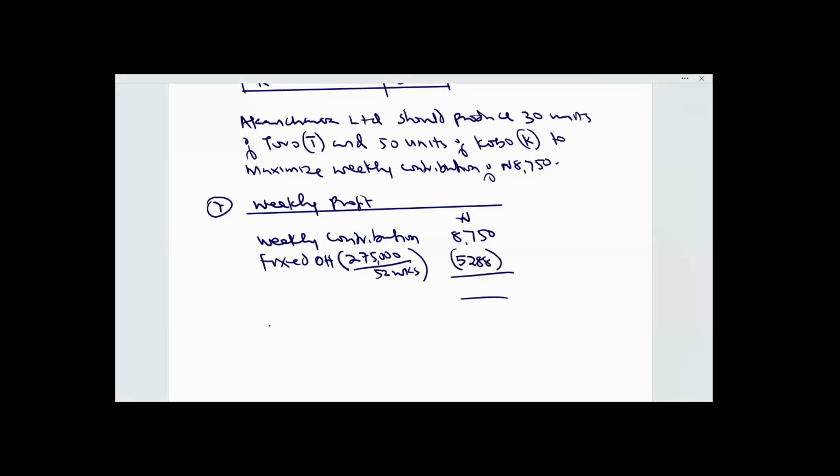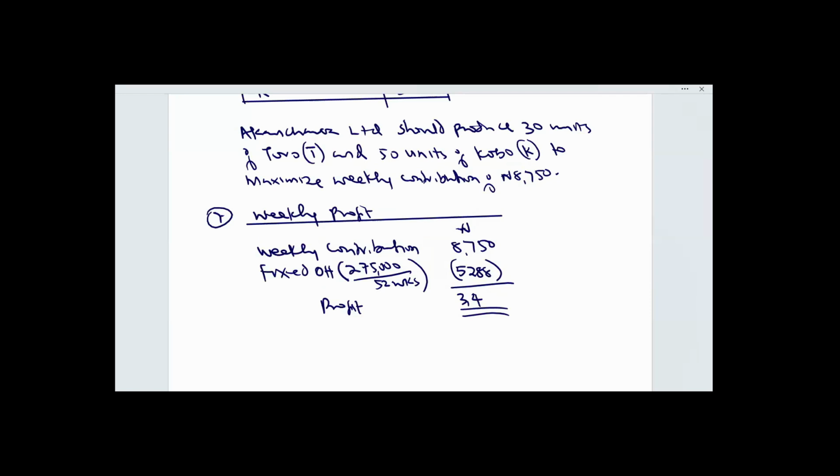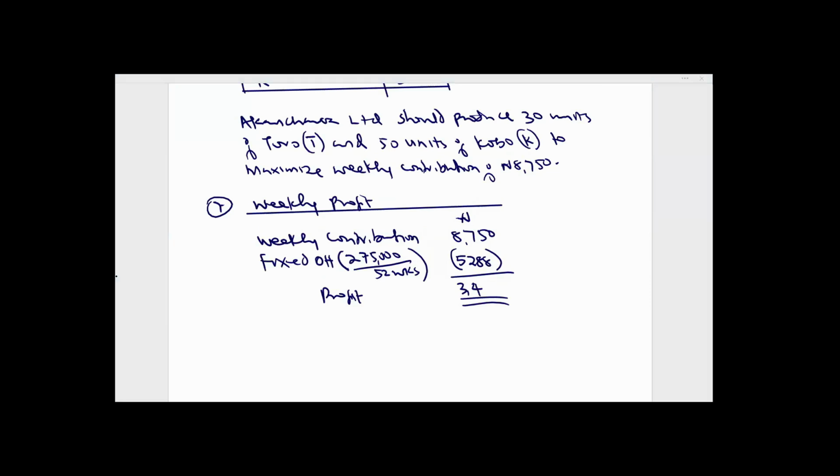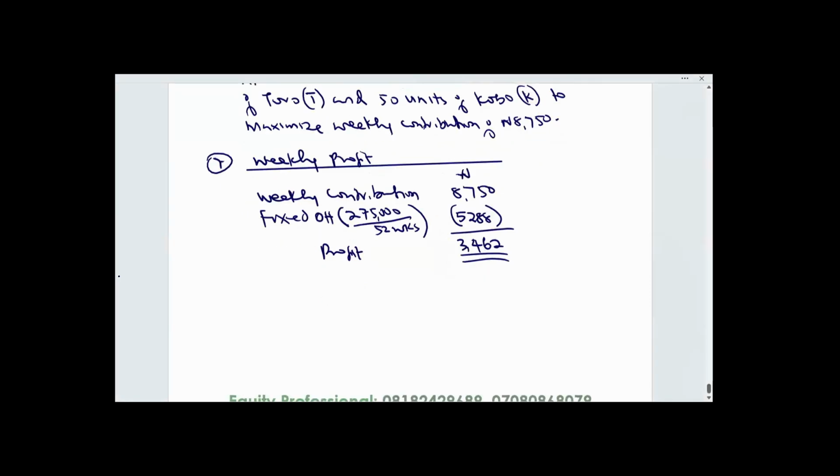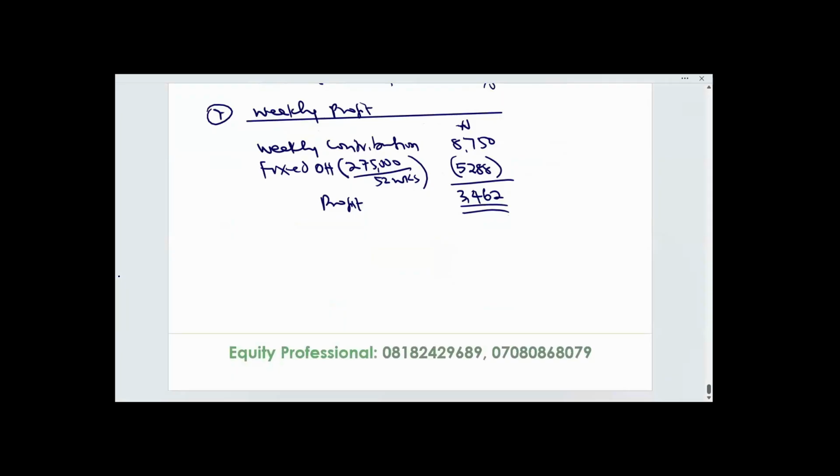So when you find the difference, it gives you the weekly profits. Let me use the calculator. 3,462.